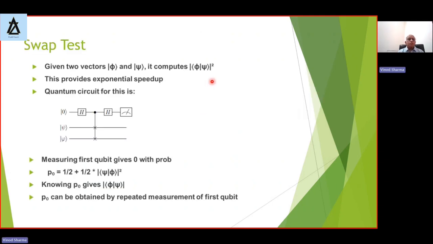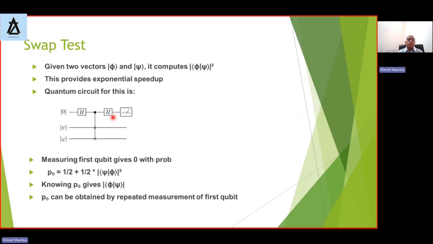This is the algorithm. Given two vectors, phi and psi, it computes the norm of the inner product of phi and psi, squared. And this is computed via this algorithm exponentially faster than it can be done via classical algorithms. The quantum circuit to do that is this.